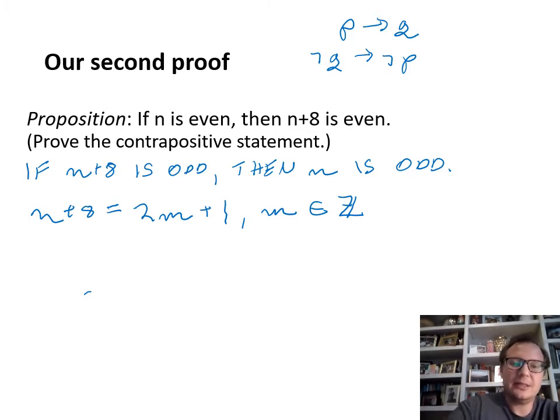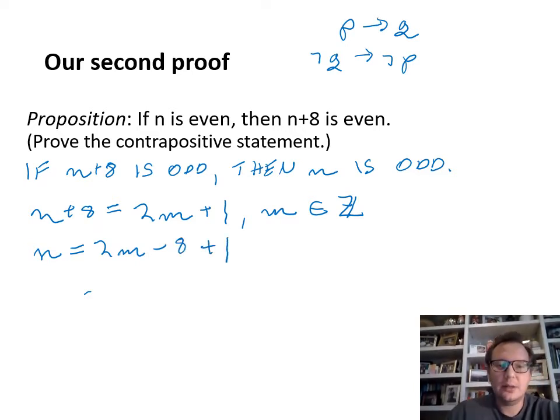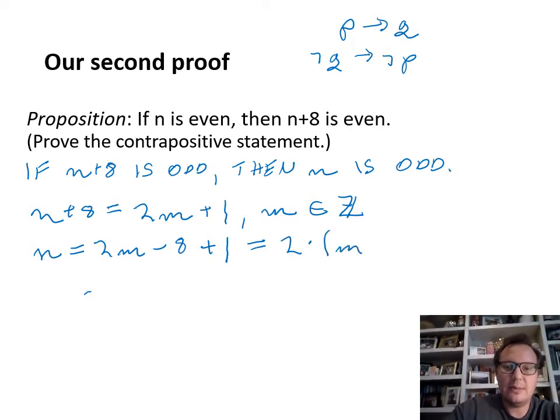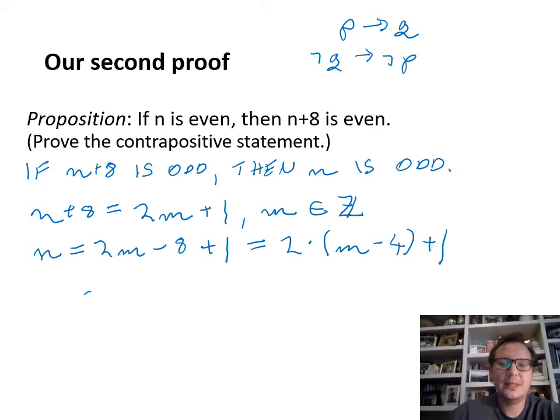So if we rewrite this a little bit, we get that n is equal to 2m minus 8 plus 1. Great. And that is equal to 2 times m minus 4 plus 1. Okay, so we are getting close.